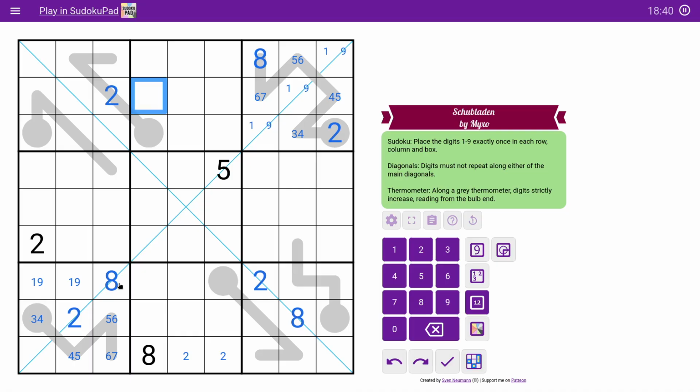We've found quite a few 2s. Now what about 8s? Here someplace. Here 9. Okay, we know none of these are 8. That forces that to be 8, 9.